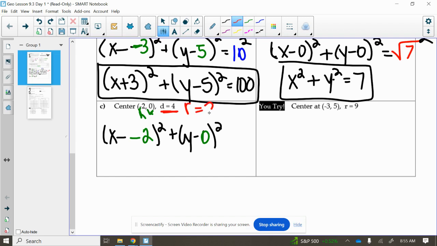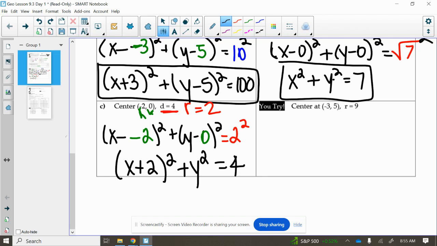Our radius is going to be half of that length. So just 2 that we would square. So if we simplify, minus a negative turns into plus, and then y minus 0 we can just call y, equals 4. There is an example for you to try and write the equation yourself.